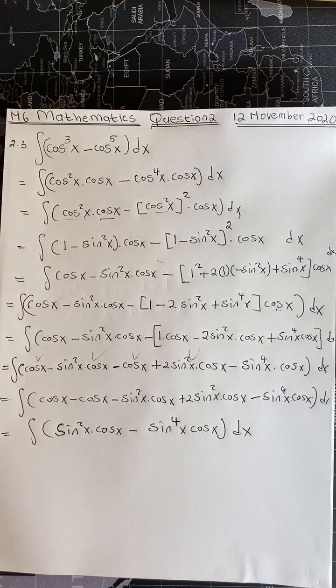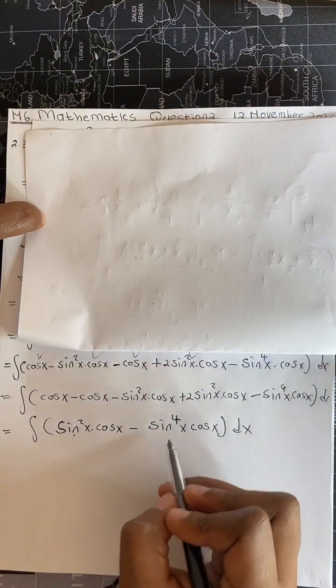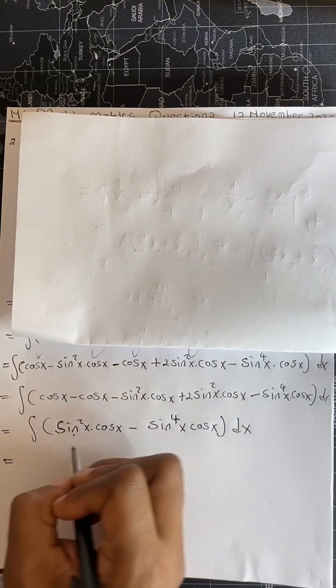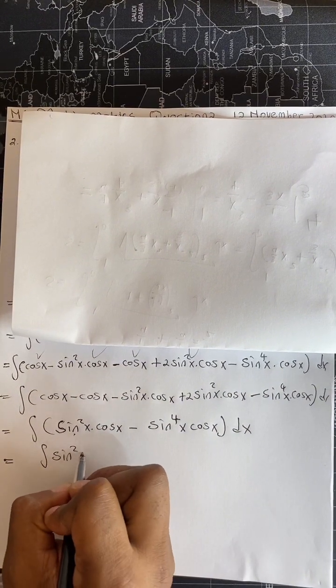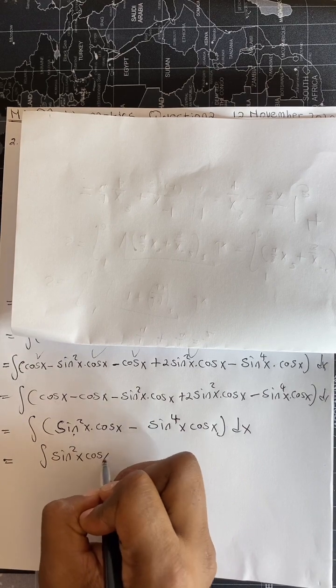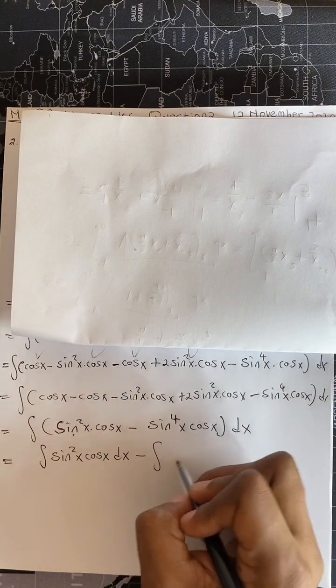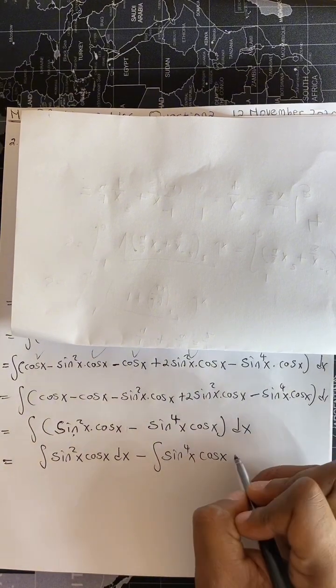From here, let's distribute this integral sign and the dx inside the parentheses. So the integral of sine squared x cos x dx minus the integral of sine to the power 4x cos x dx.